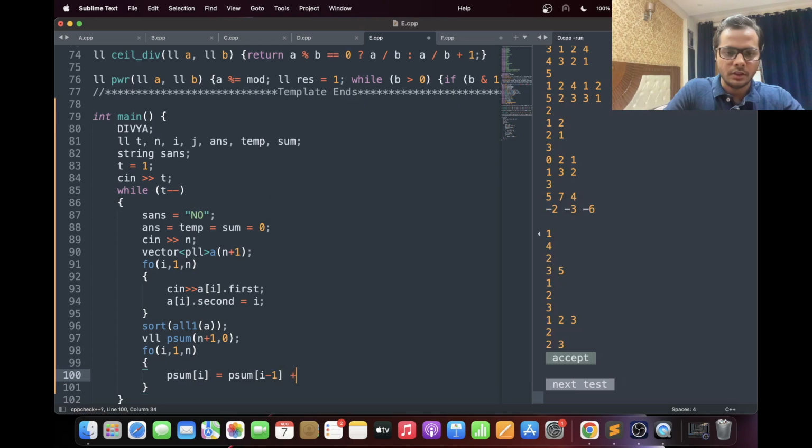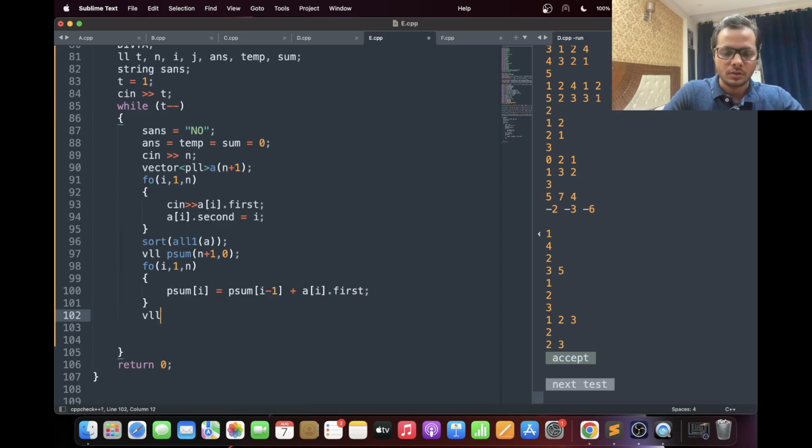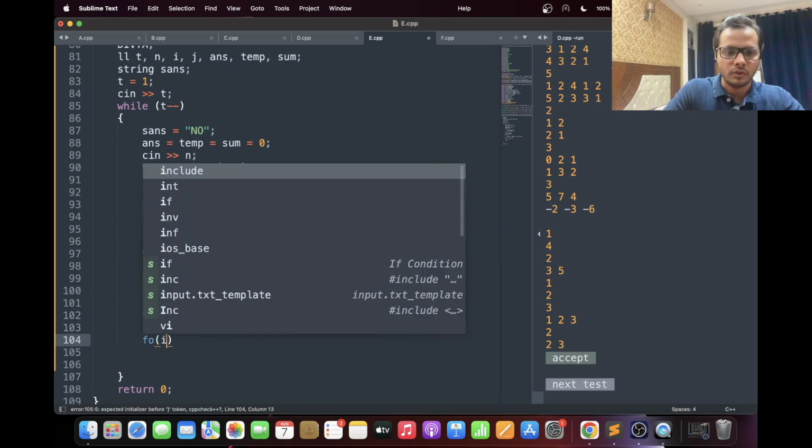So prefix sums of I is equal to prefix sums of I minus 1 plus ai dot first. Okay, cool. So we have an answer. Okay, fine.